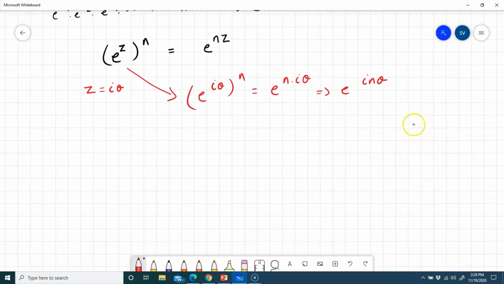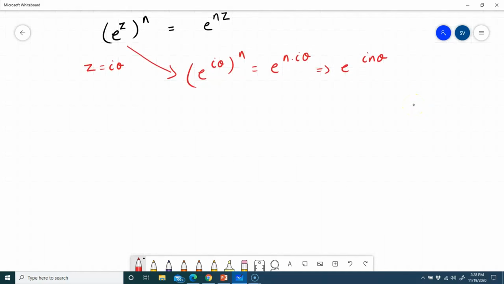Something is smelling, correct? What is this e raised to i theta? We know that from the Euler theorem, e raised to i theta is equal to cos theta plus i sin theta. This is e raised to i theta by Euler theorem. That means if this is e raised to i n theta, this will be cos n theta plus i sin n theta.